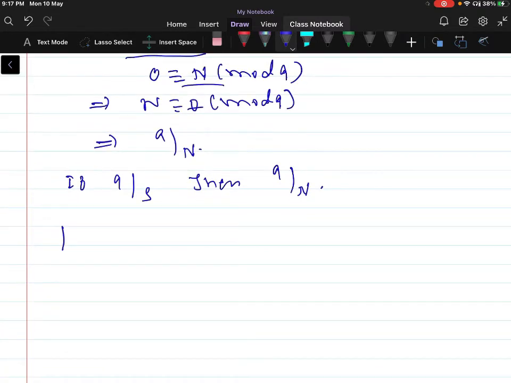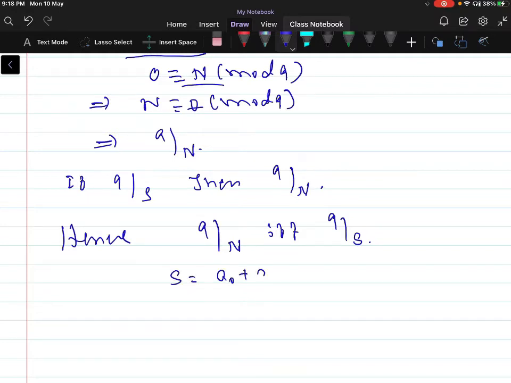So hence we can write 9 divides the integer n if and only if 9 divides the number s, where s is equal to a0 plus a1 and so on plus am.